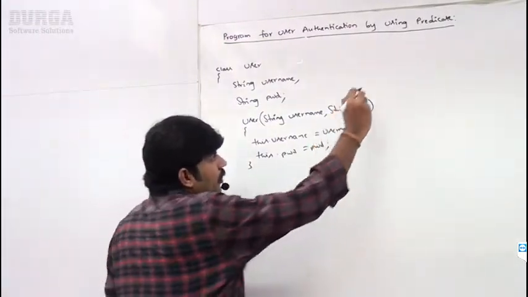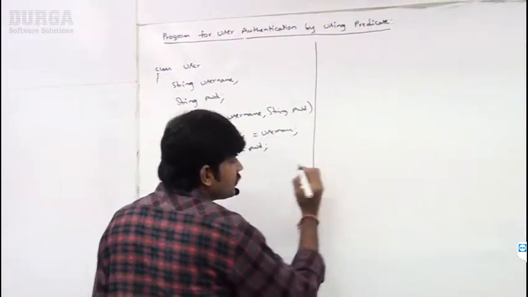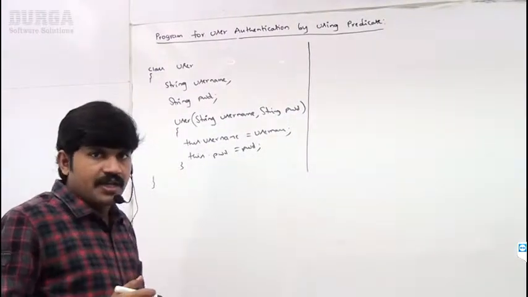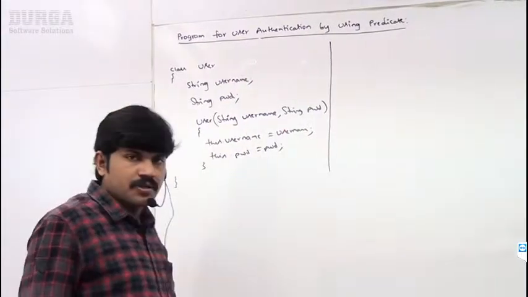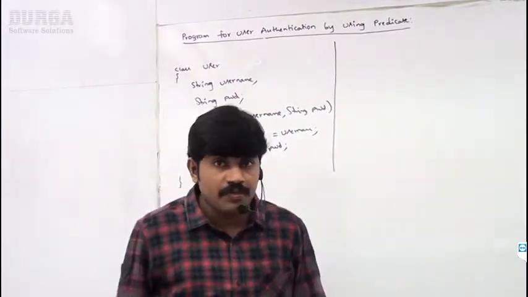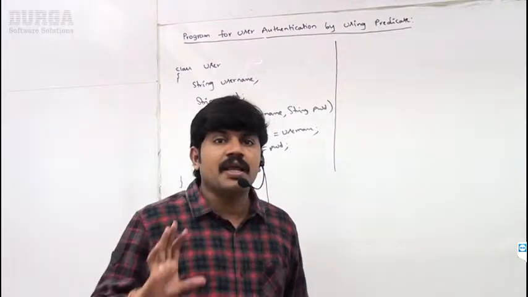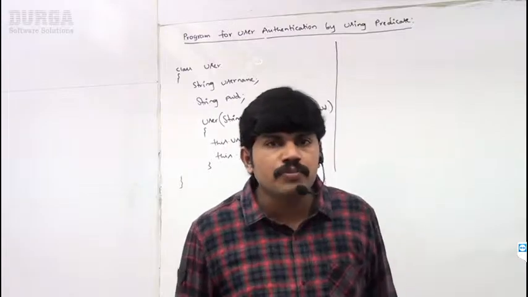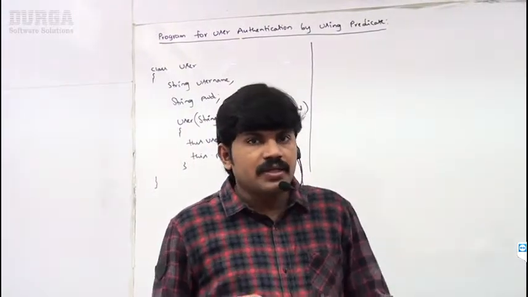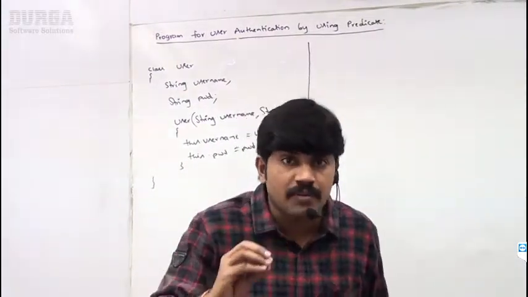Now my requirement is to write a predicate which can take a user object as the argument, and my predicate has to check whether it is a valid username or not. How can you write a predicate to check username and password?